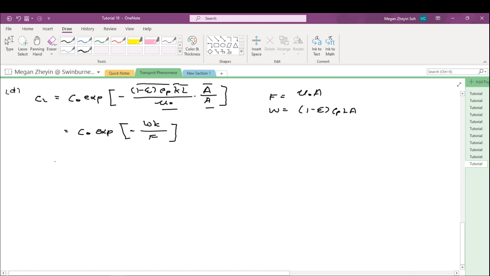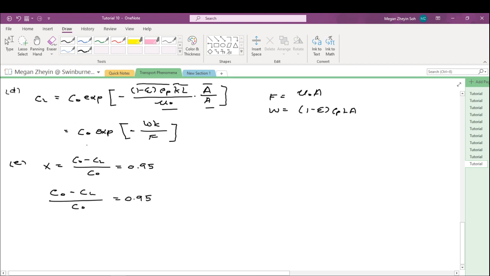And then for part E, in order to achieve a 95% conversion, we are given this equation in which X is C0 minus CL over C0. So we want to set X equal to 0.95, correct? So C0 minus CL over C0 equals 0.95.